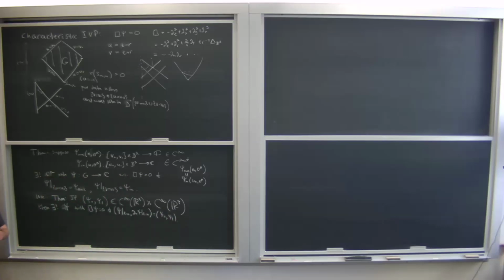That's just the usual problem, right? So what I'm going to show is this funny trick, which allows you to reduce this characteristic one to this one. Does this make sense? This is just the regular problem where you can put data at t equals 0 and solve.